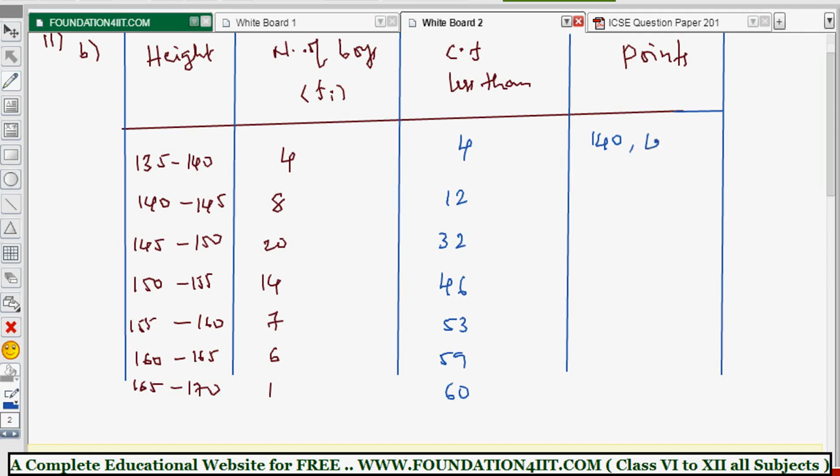So the points are 140 comma 4. Less than cumulative frequency, so upper limit, 145 comma 12. These points you need to plot on the graph paper.